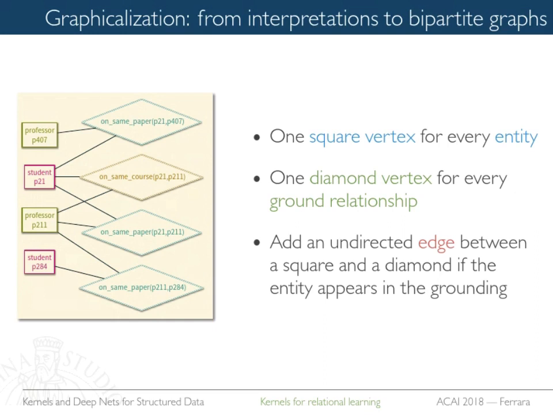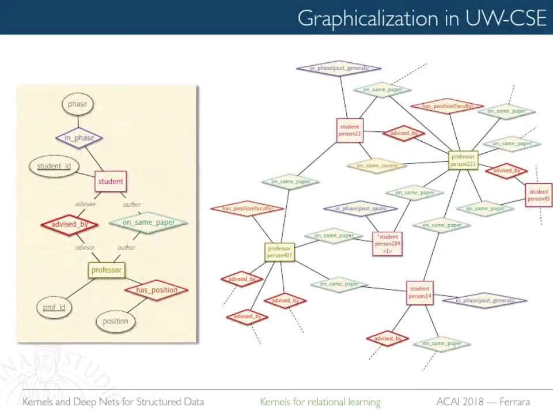Because otherwise it wouldn't connect anything. Only relationships do connect things. So you take these relationships and you connect them to the instances of the objects if they appear in the same tuple. So, for example, if Professor 407 and student 21 appear in the same paper, then you put these two edges in there. And if you repeat that hard enough for the entire data set, this is what you get. You get a big graph.